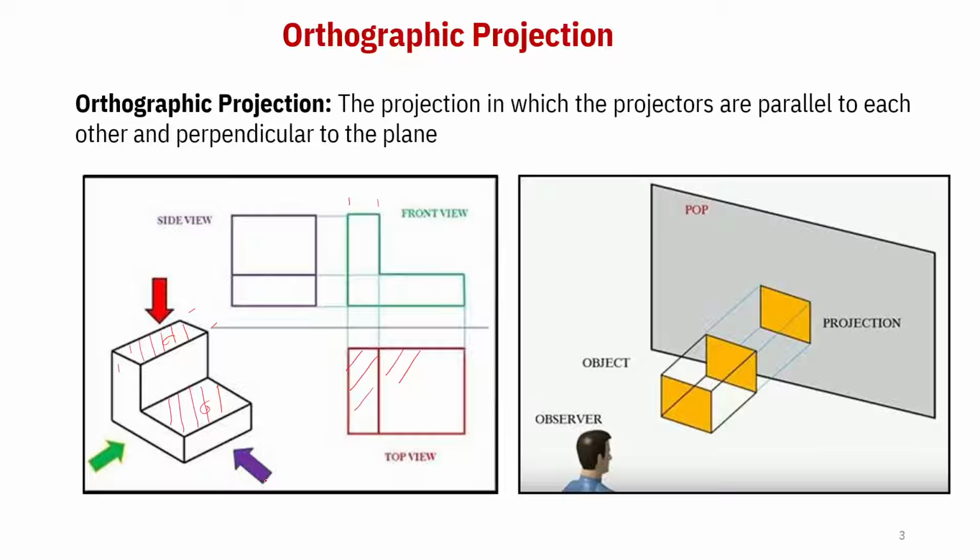Similarly, this violet color arrow shows the right hand side view. Currently, only focus on what we are going to see. We will discuss later where and how to locate this object. While looking in this direction, we see two rectangles. This is the first rectangle that we see, and just above that we see another rectangle.